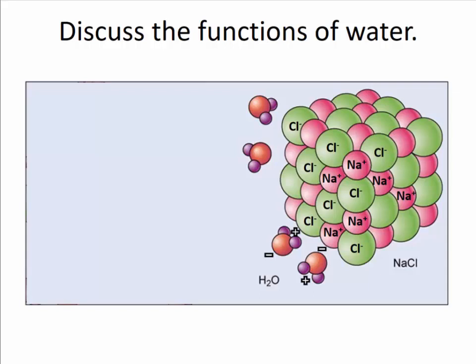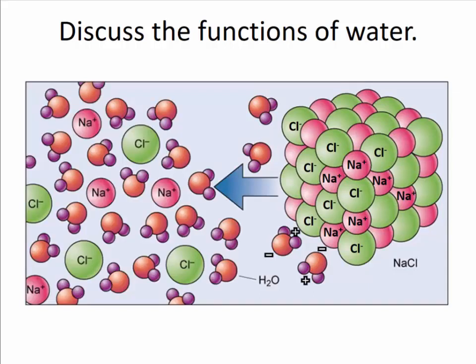What we need to remember is that all of these particles are actively moving, unlike in our image that we're showing here. So as those water molecules bump up against the sodium chloride compound, they will bump into the ions, be attracted as we just discussed, and pull out the various ions, the sodium and the chloride ions, such that they separate out from each other.